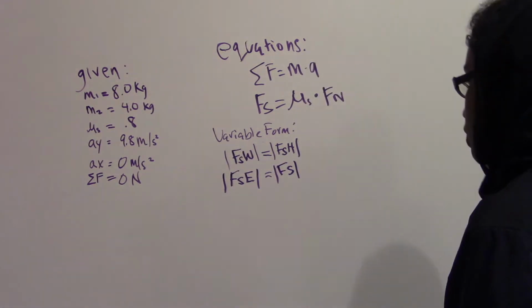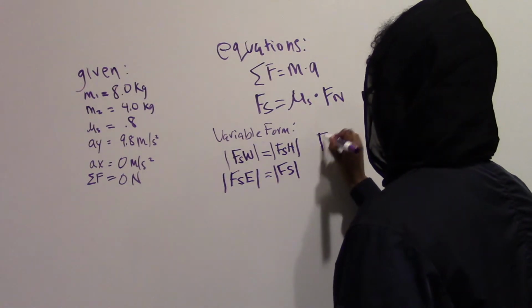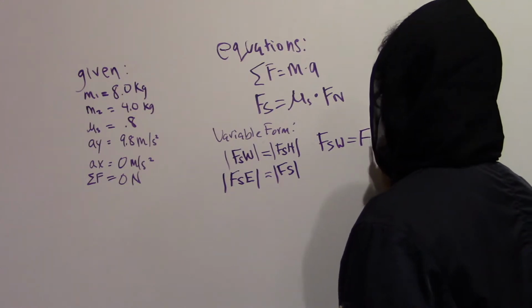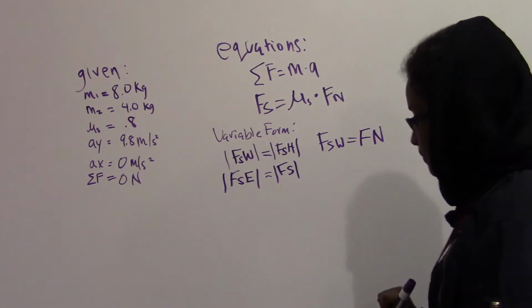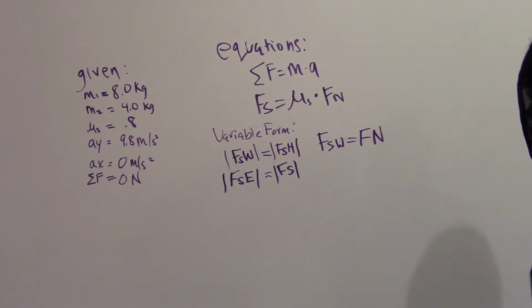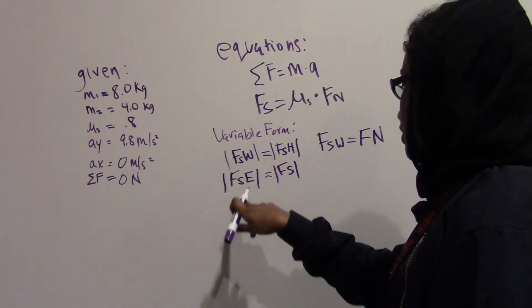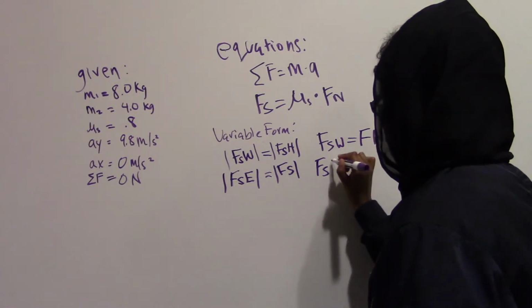Okay. So earlier in the picture, I said that F sub W is equivalent to Fn. Right? So that's normal force. Okay, so that's what I said. Okay, what else do we know? We also know that the force on the system by the earth, right? So force, system, earth.